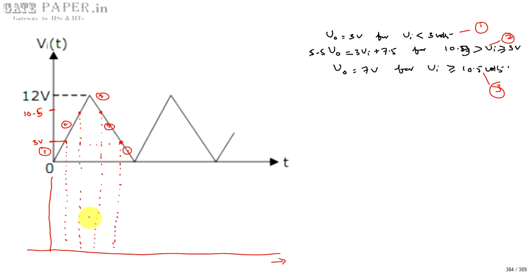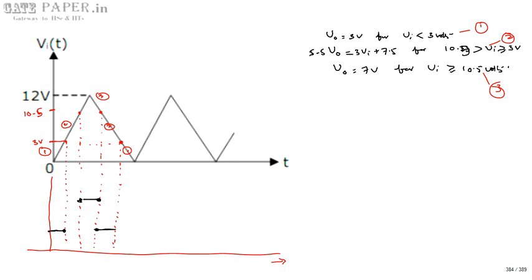Now initially for Vi less than 3 volts, V0 will be at 3 volts. So during the first portion, V0 will be at 3 volts, because during these portions Vi will be less than or equal to 3 volts. Later it is going to be after 10.5, for example, by that time it will be reaching 7 volts. So it will be at 7 volts.